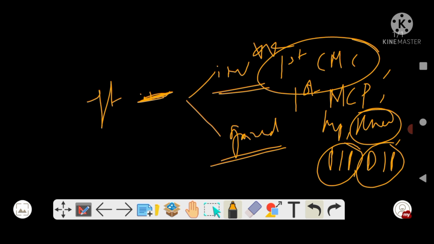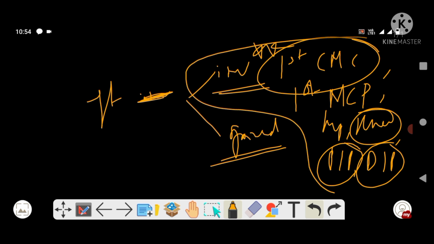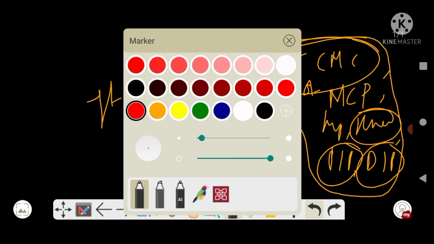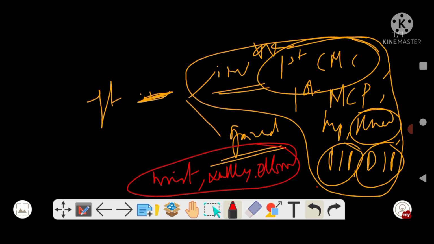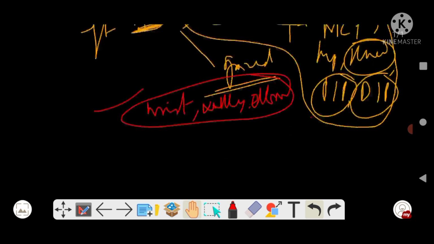All these are affected in osteoarthritis. Most important are the first CMC and the knee joint. And what joints are spared? The joints that are usually spared are the wrist joint, ankle joint, and elbow joint. These three joints are usually spared.